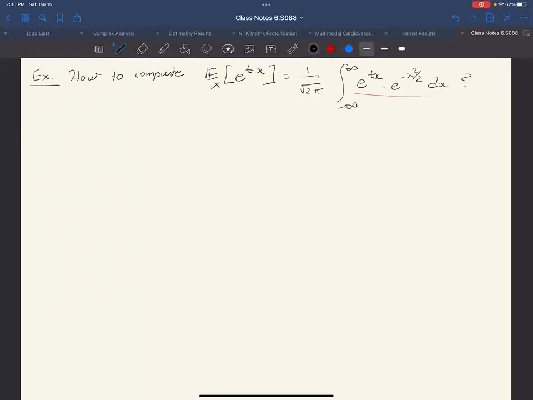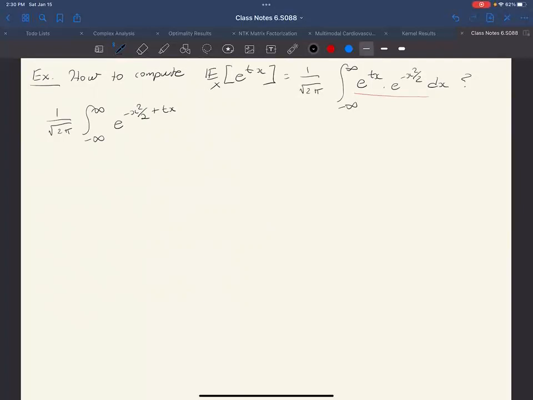Okay. So let's begin. What's the first thing I'm going to do? I see that this can be written as e to the negative x squared over 2 plus tx. Now, I want to try to make this a perfect square. And so to do that, I need to add some terms.